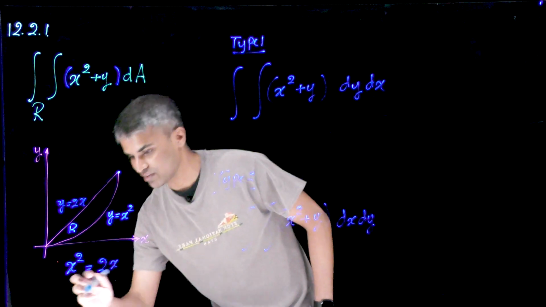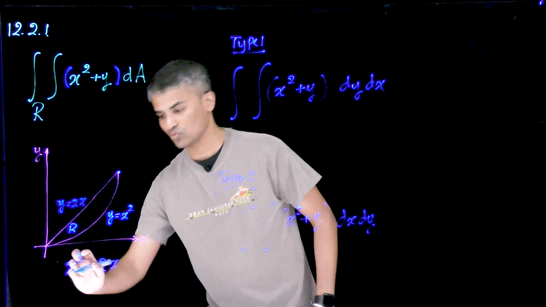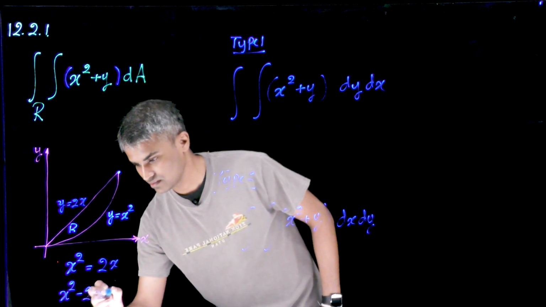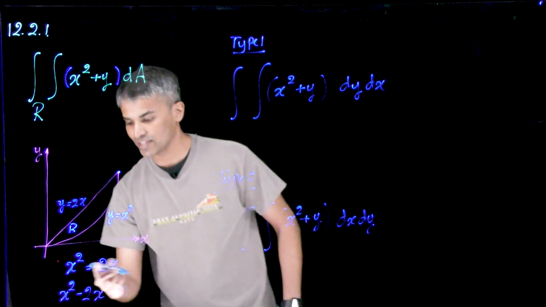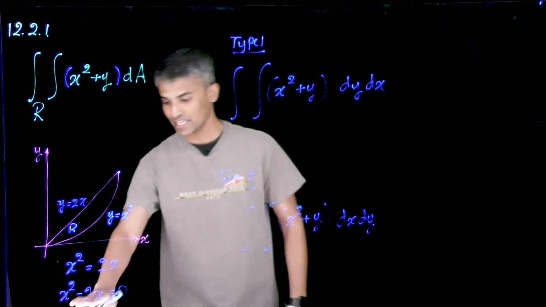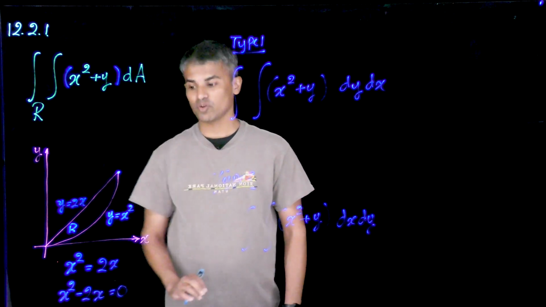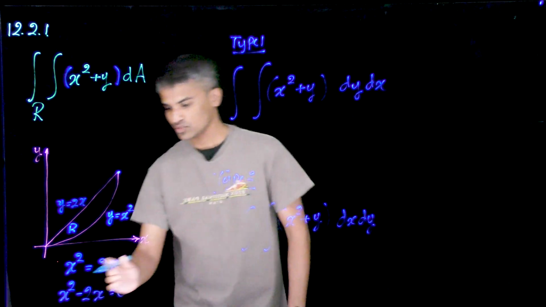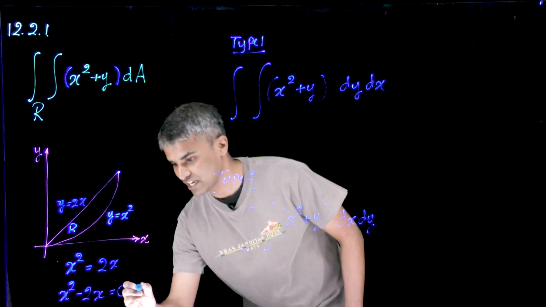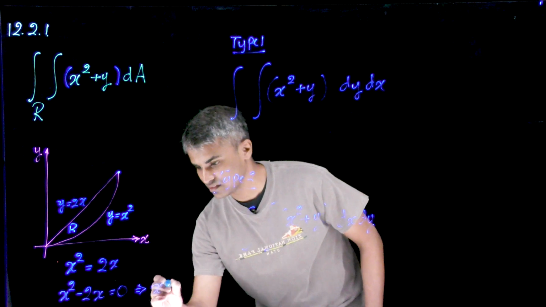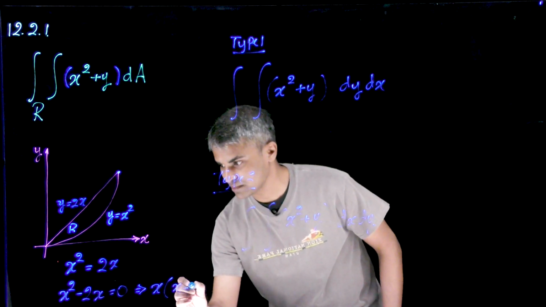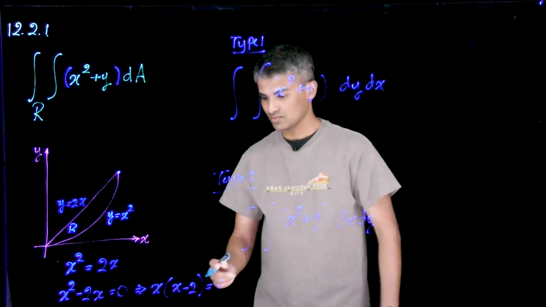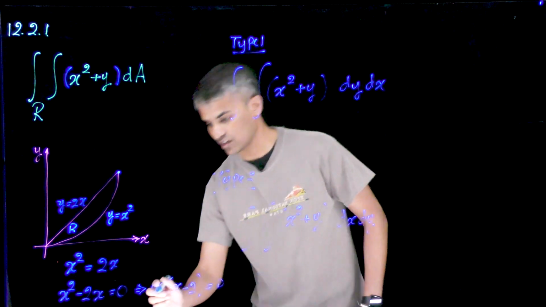We have a quadratic equation. Take all the variable terms to one side. I took 2x to the left-hand side, so it becomes negative 2x. Now we have the quadratic equation x squared minus 2x equals 0. To solve this, we can factor out x, and we get x times (x minus 2) equals 0. Now we have a product that equals 0.